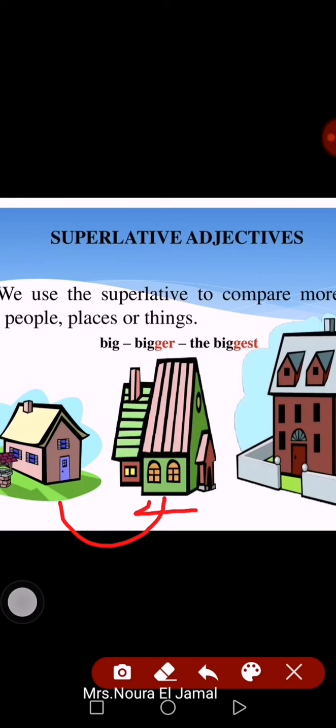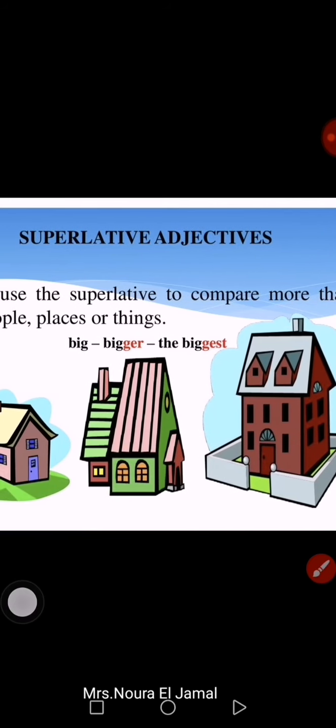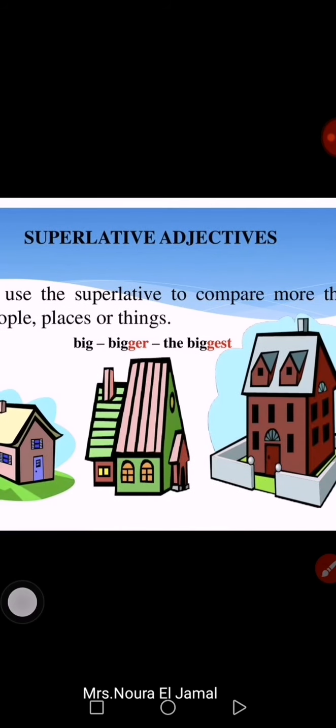If I compare between the second one and the third one, I will use the comparative also. But if I compare the third one with the other two houses, the three houses, I will use the superlative.